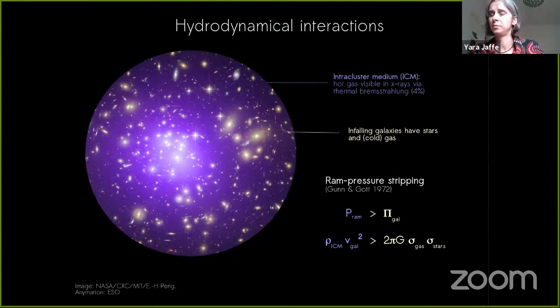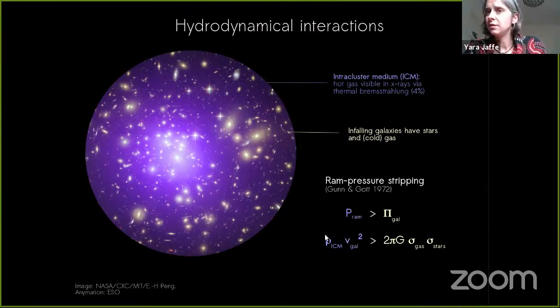occurs when the ram pressure exerted by the intracluster medium supersedes or overcomes the galaxy's ability to retain its gas, so the galaxy's anchoring force. So ram pressure can be characterized by two parameters, quite simply.